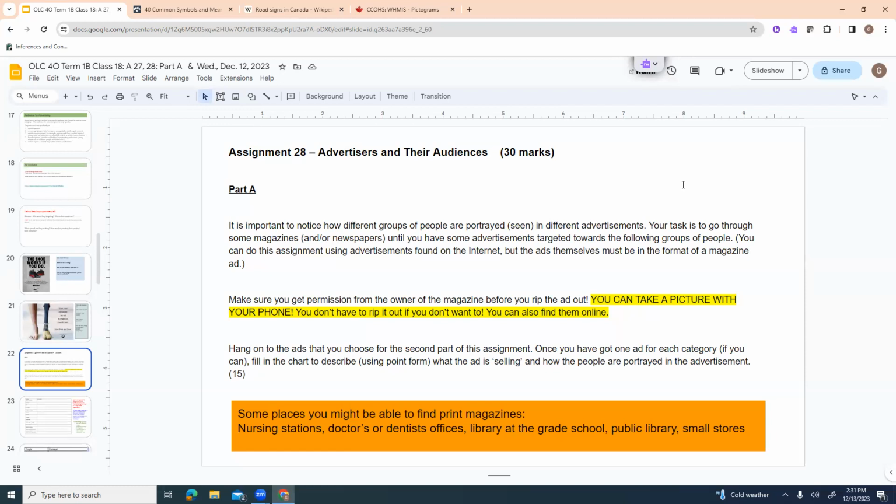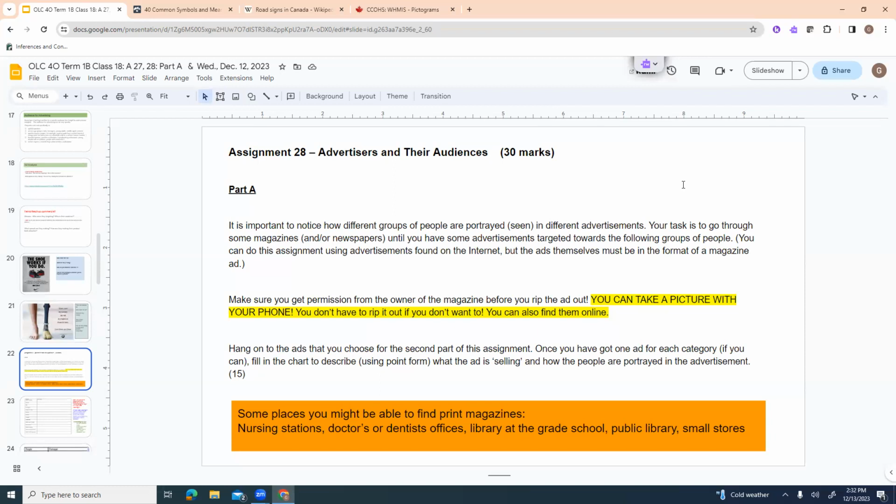You can do this assignment using advertisements found on the internet, but the ads themselves must be in the format of a magazine ad, which we'll discuss more in a few minutes. Make sure you get permission from the owner of the magazine before you rip the ad out. Now, obviously, you don't have to rip the ad out. You can take a picture of it with your phone. Okay.